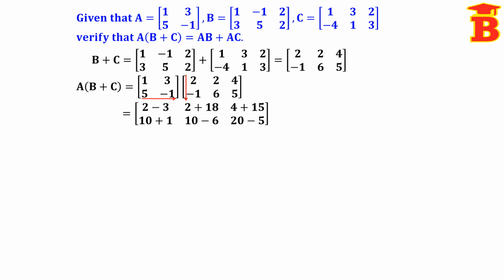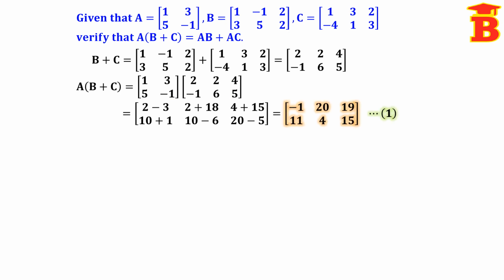So second row first column, 5 into 2 is 10, minus 1 into minus 1 is plus 1. Next second column, 5 into 2 is 10, minus 1 into 6 is minus 6. Next third column, 5 into 4 is 20, minus 1 into 5 is minus 5.